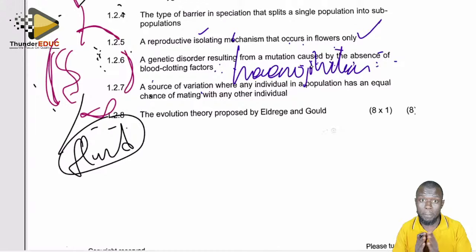Why? Because males only have one X chromosome. If you find a question, they can ask you why are males affected by this sex-linked disorder more than females? As a result, you can say that females have 2 X chromosomes.